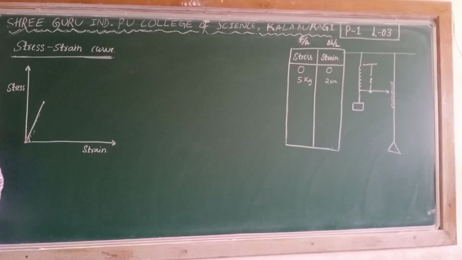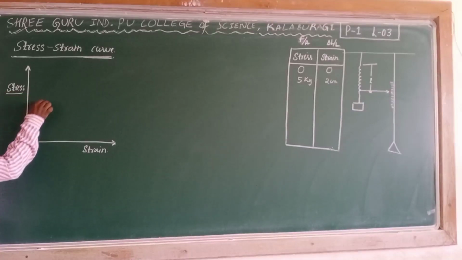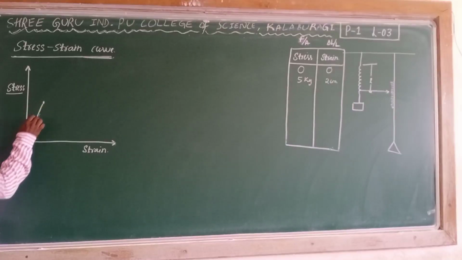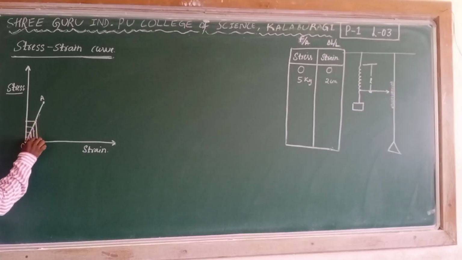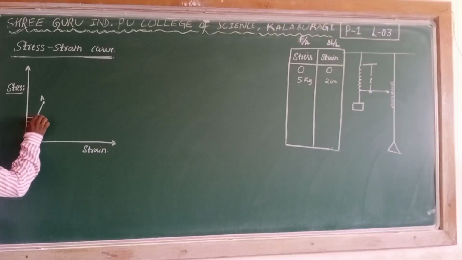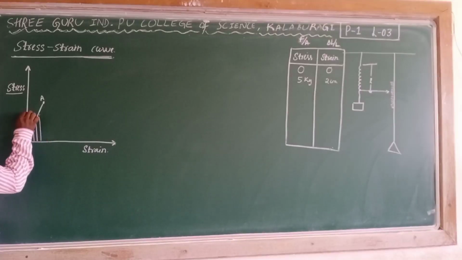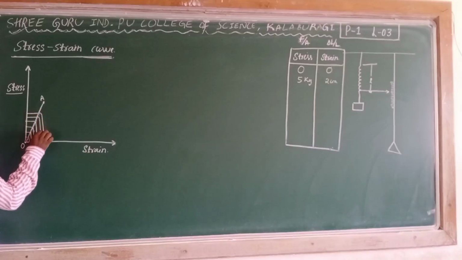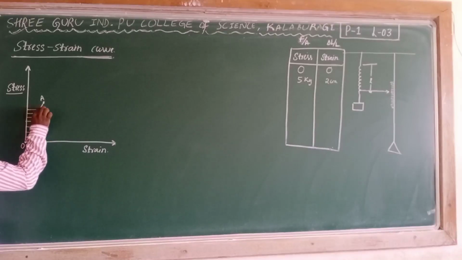Here, applied force in the form of stress, let us consider this is the origin and this is the point A. Up to this point the variation of strain per unit is the same.